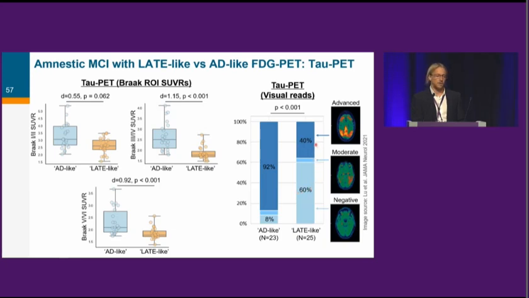Also, there was a subset, like 40%, that at least have moderate levels of tau pathology in this visual read. And so we think that this could reflect a comorbid condition or maybe a limbic predominant hypometabolic subtype of AD.